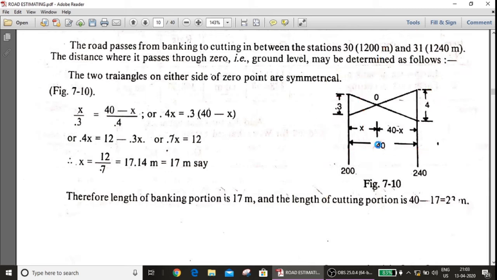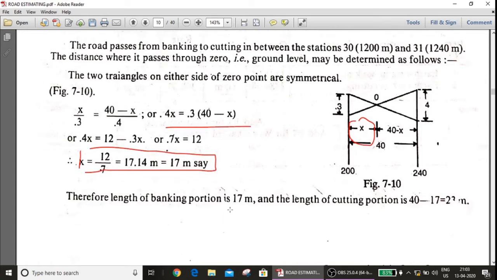Then x by 0.3 is equal to (40 minus x) divided by 0.4. Then 0.4x equals 0.3 into (40 minus x). When we solve for x, we get x equal to about 17 meter.